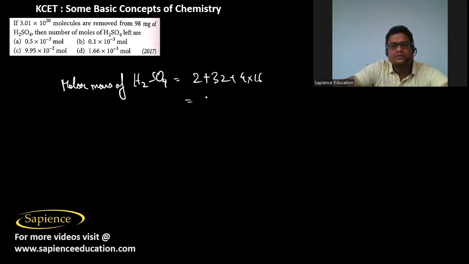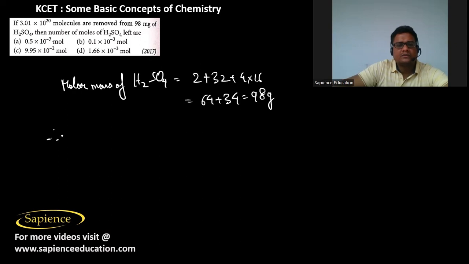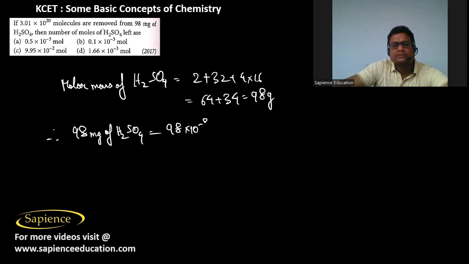So 64 plus 34, that is equal to 98 gram. Now 98 milligram of H2SO4 means we have 98 into 10 power minus 3 gram divided by 98 gram, which is equal to 10 power minus 3 mole of H2SO4.